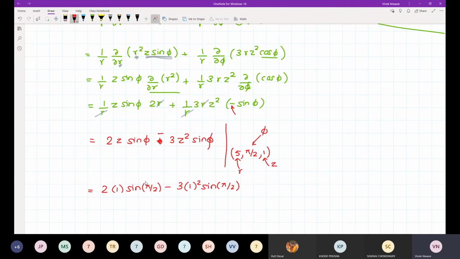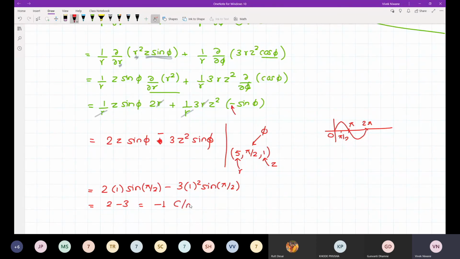So sin of π/2 is कितना होता है? sin of 90 कितना होता है? 1. हाँ, 1 बरोबर. Yes, कारण sin of π/2, always look at the graph. This is π/2 and this is π and this is 2π and so on. At π/2 it is 1. So 2 minus 3 is equal to minus 1.